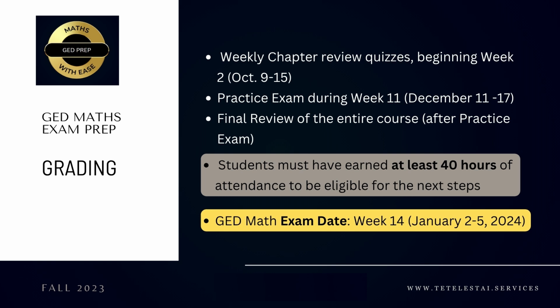After the practice exam, there will be a final review of the course material, which will also take place week 11, I should say. And like I said earlier, you must have earned at least 40 hours of attendance to be eligible for the next steps. So I'll share information with you about your eligibility towards the end of the course.